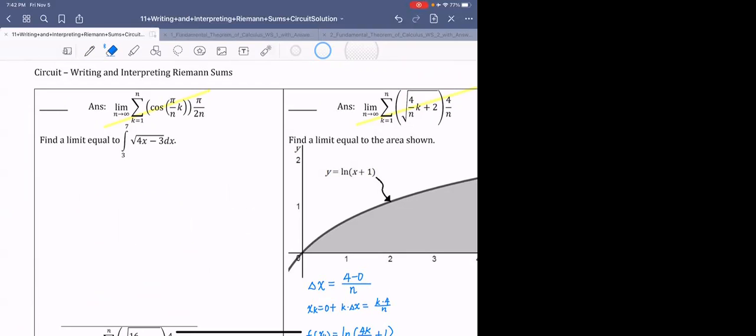Okay. Next one. Emily, let's do the next one. Go ahead. Delta x equals 7 minus 3 over n. Okay.